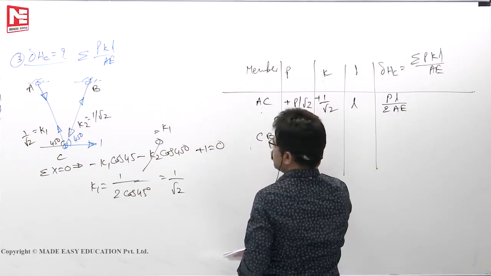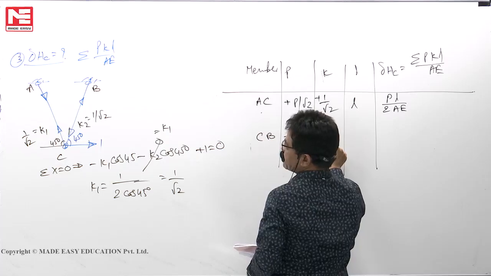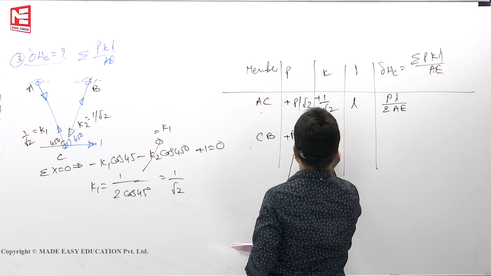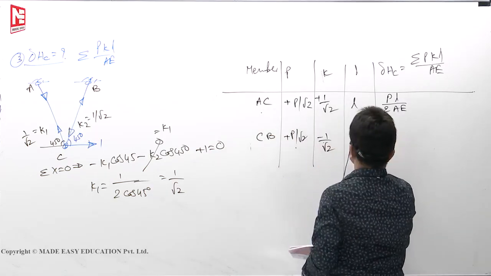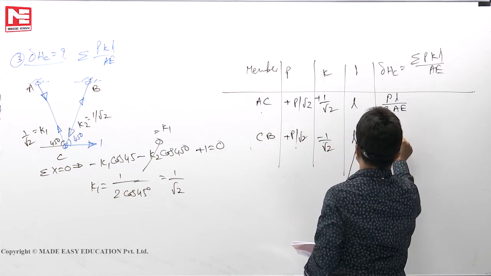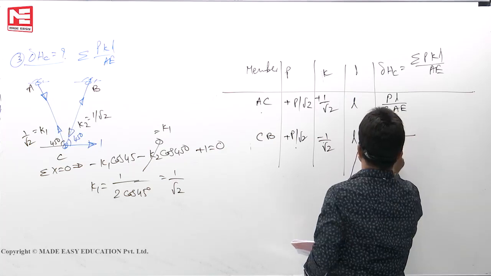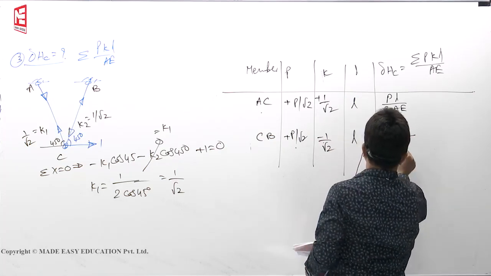Next, the CB member: the K value is, this is the CB member in compression, so minus 1 by root 2. Length is L. So you will get minus PL by 2AE.